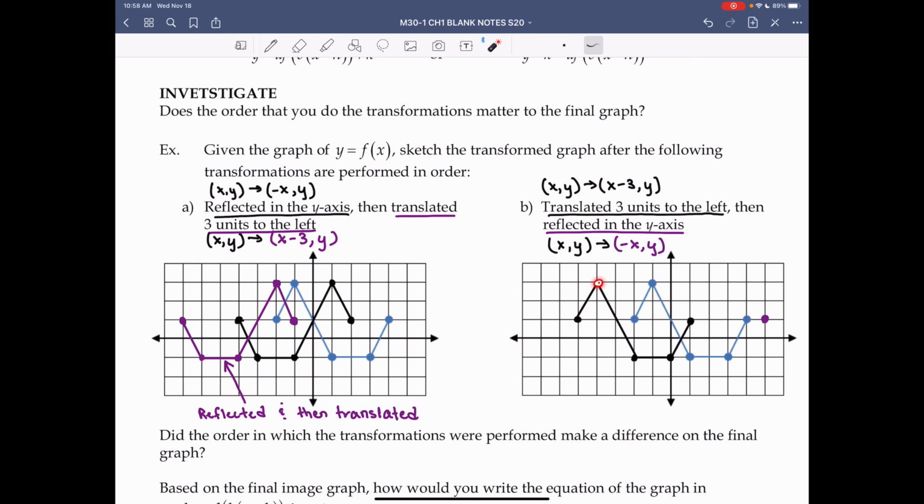This point's at negative 4 for the x value, so it will be at positive 4. This point's at negative 2, so it will be at positive 2. This point is at x equals 0, so it'll stay at x equals 0. Remember, that's called an invariant point.